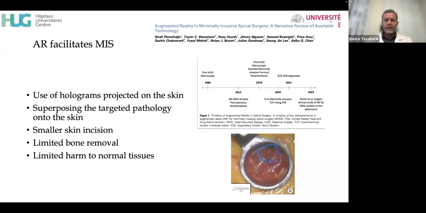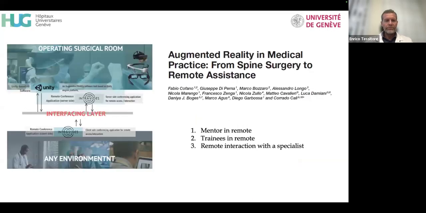And last but not least, the implementation of this technology might facilitate the concept of minimally invasive surgery, as demonstrated in some papers. Here, for example, is a paper where MIS is associated with the use of microscope-based augmented reality.